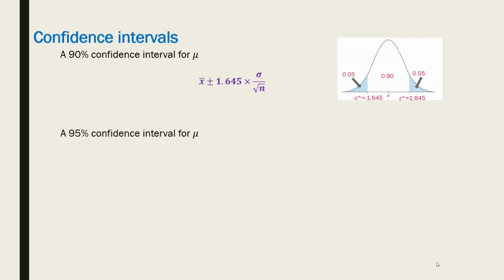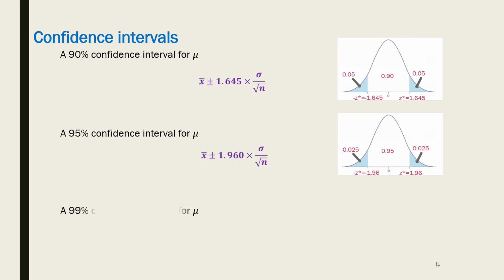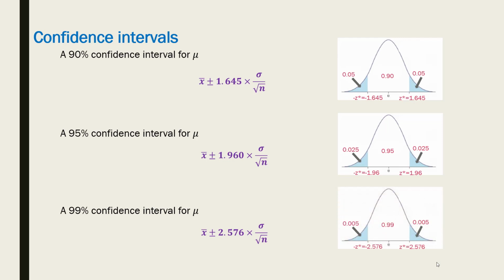Similarly, 95%. What do you think? You already know that x bar plus or minus 1.960 times sigma over root n. Then what is the 99%? Then you know z star is 2.576. Therefore, you can find the confidence interval using this equation.